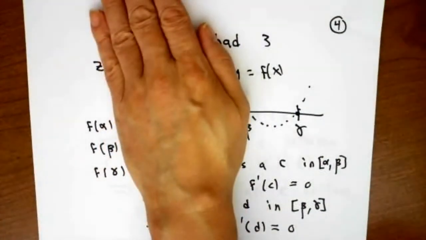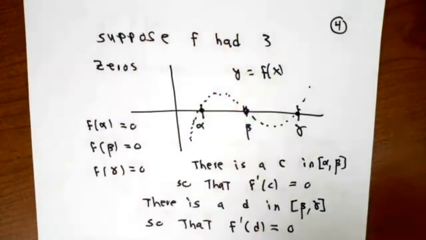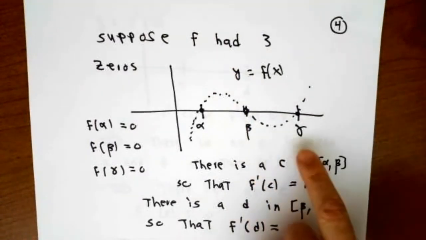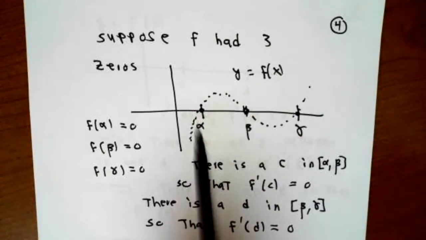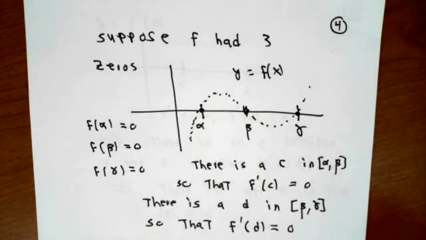On the other hand, somewhere between x equal beta and x equal gamma, there must be a place where f prime is 0. So we'll call these two places here c and here d. This tells me that I've got two places where f prime is 0.